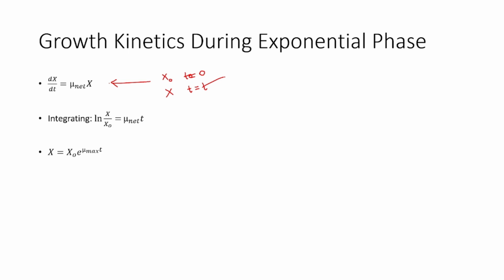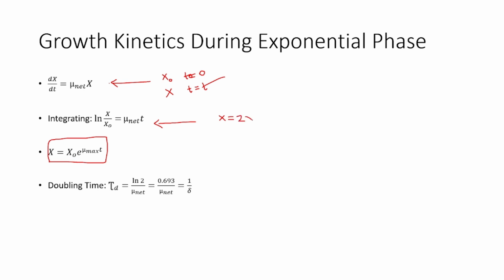Now for doubling time, and this is very important. What is doubling time? Doubling time is the time taken by the cells to double themselves. We can start from this expression itself. It means the final biomass concentration will become twice the initial biomass concentration, so X is equal to 2X naught.